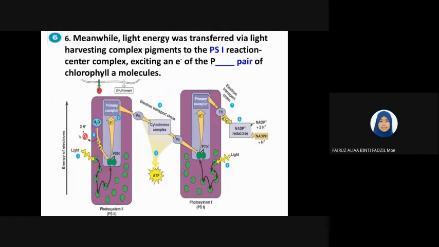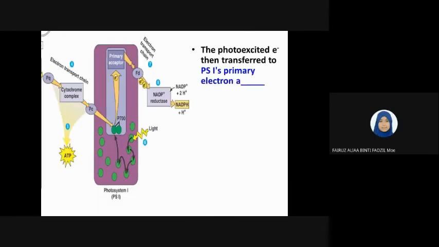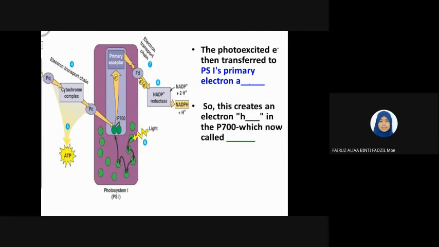Okay, meanwhile, light energy was transferred via the light harvesting complex pigments to the PS1 reaction center complex, exciting an electron of the P700. Okay, the photoexcited electron is then transferred to the PS1 primary electron acceptor.